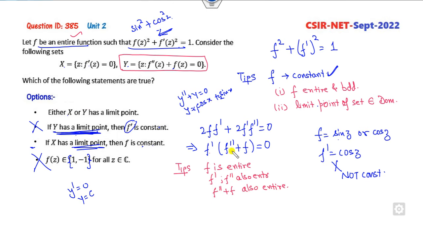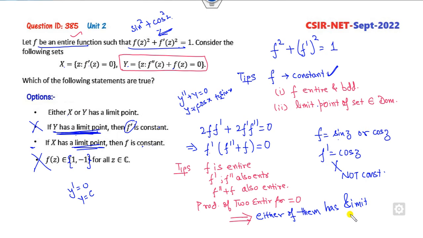Now this is the product of two entire functions is 0. Once the product of two entire functions is 0, it means either of them has a limit point.